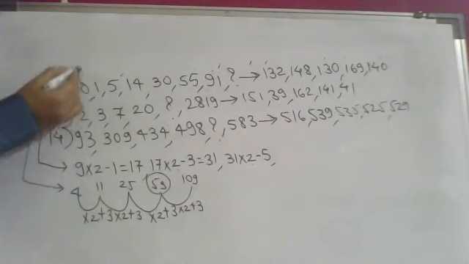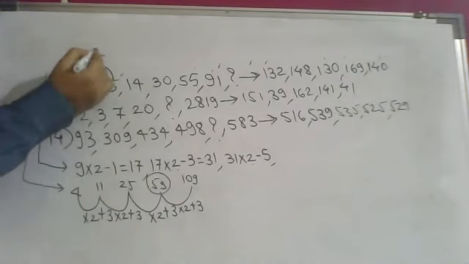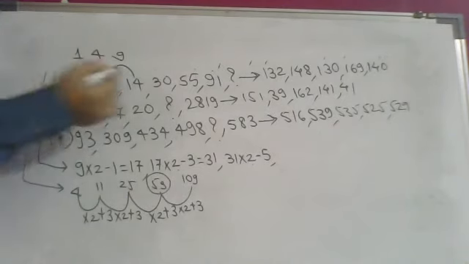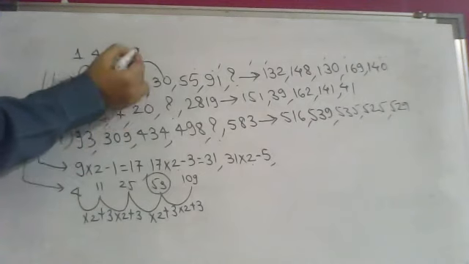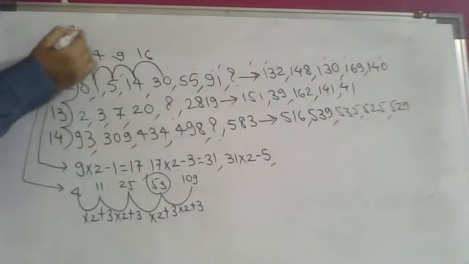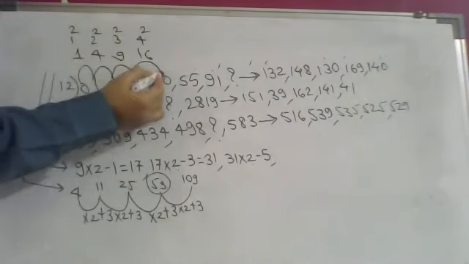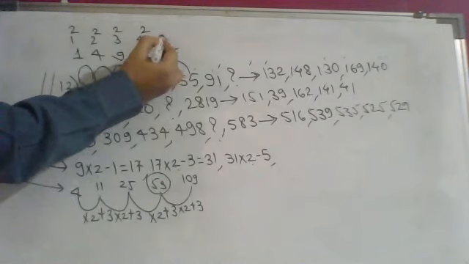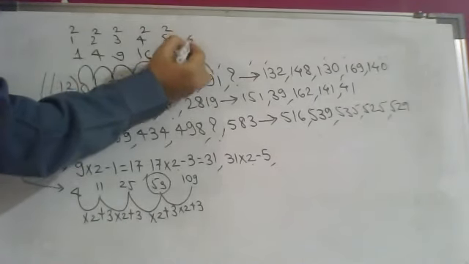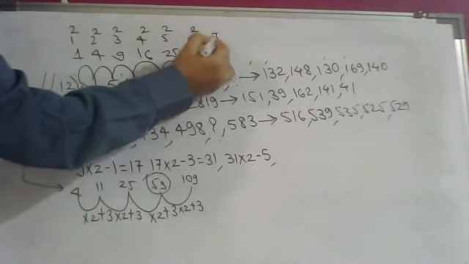Here, the difference between 0 and 1 is 1. 1 and 5, the difference is 4. 5 and 14, the difference is 9. 14 and 30, the difference is 16. If you observe these numbers, this is 1 square, 2 square, 3 square, 4 square, and next has to be 5 square, and so on. 36 is 6 square. Next is 49, that is 7 square.